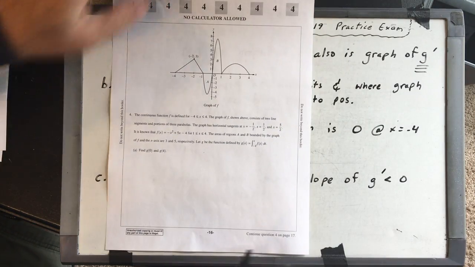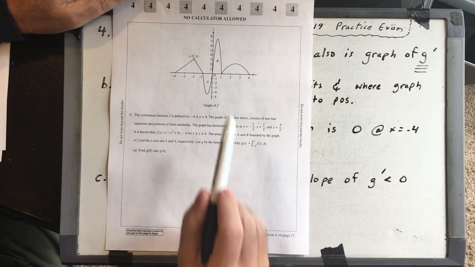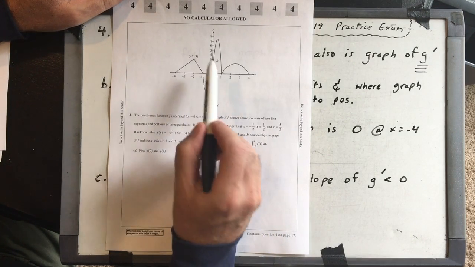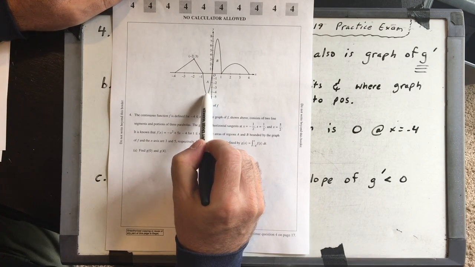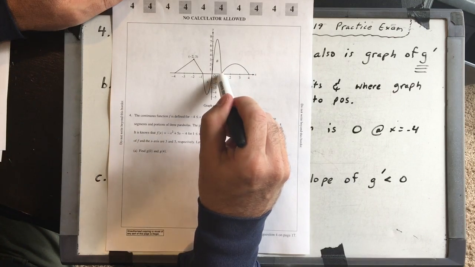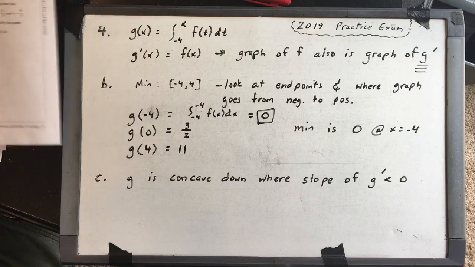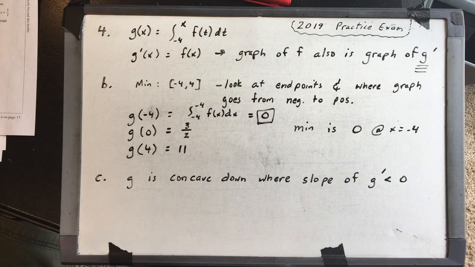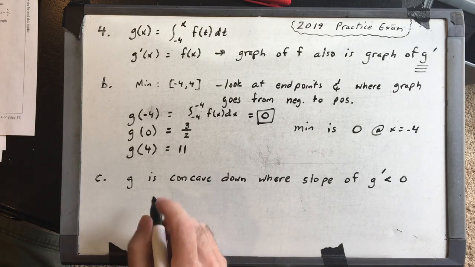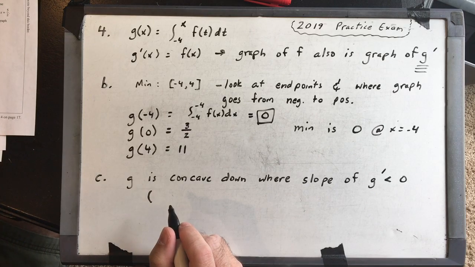Well, the slope is negative, first of all, from negative 2 to negative 1/2. And then it's negative from 1/2 to 1, and then from 2.5 to 4. Okay, that's where the slope is negative. So you could write them like this. Now they have to be open intervals because at those critical points, it's neither concave up or concave down.